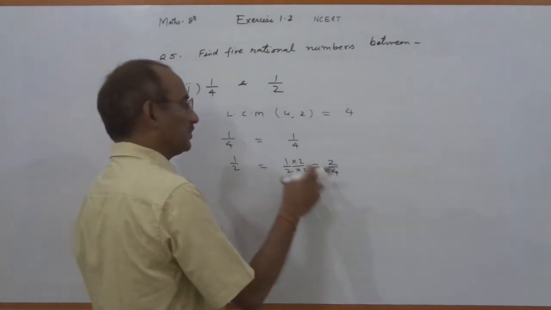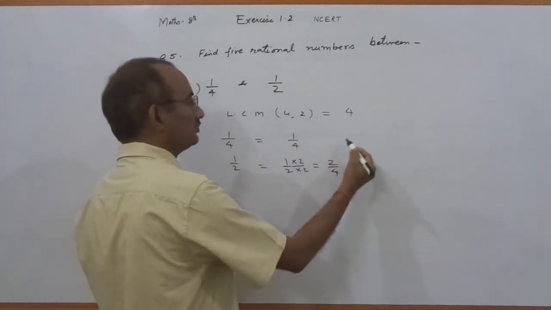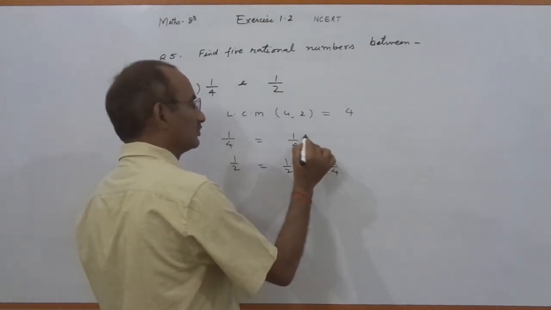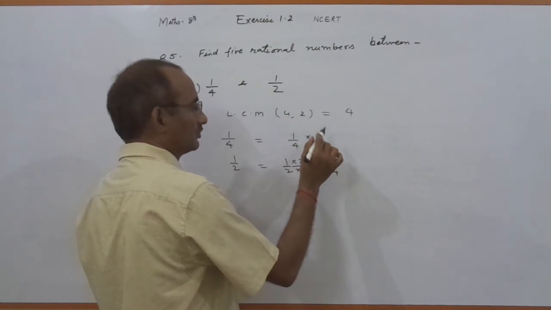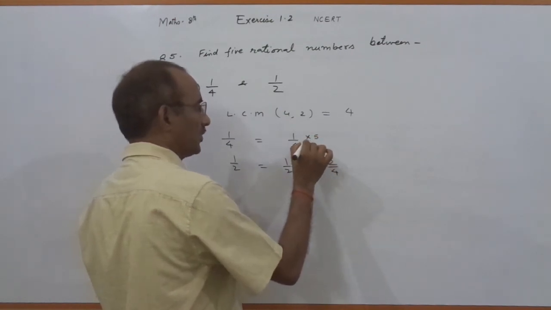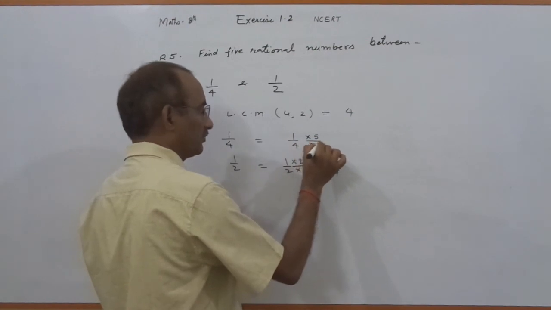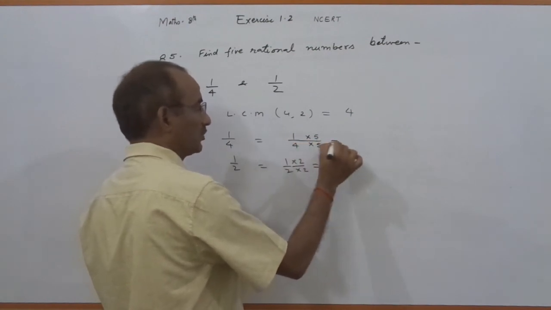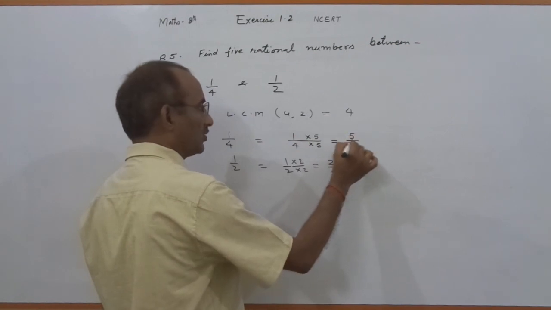So it should be multiplied with 5 upon 5. So we get 5 upon 20.